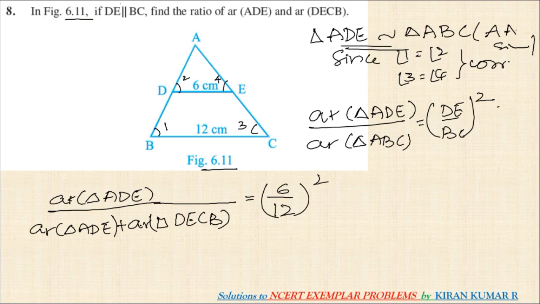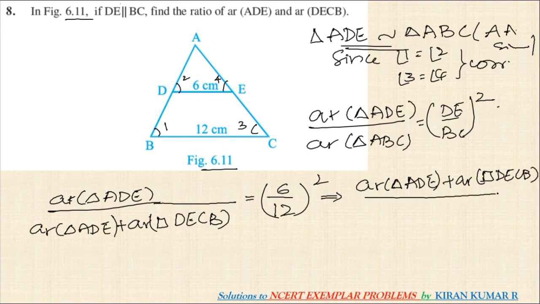Now if I consider the reciprocal of it, I get the area of ADE plus the area of quadrilateral DECB upon the area of triangle ADE equal to 1 by 4.